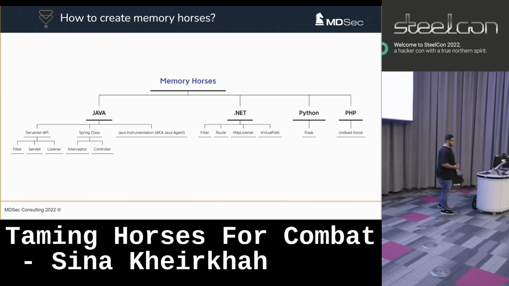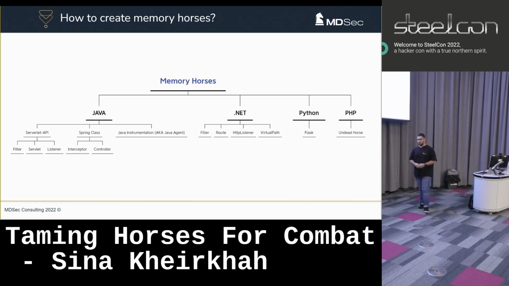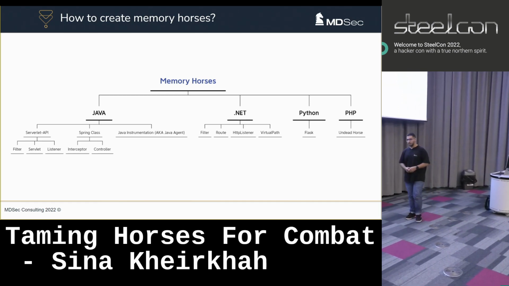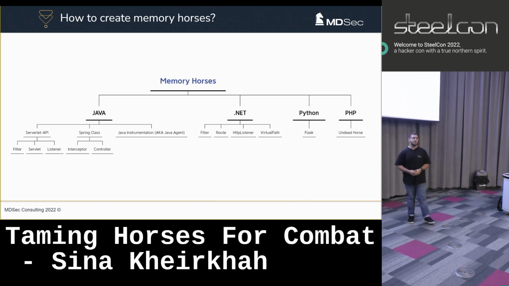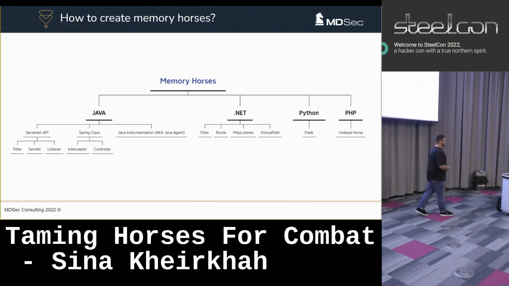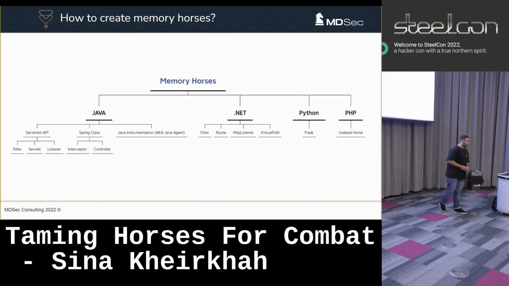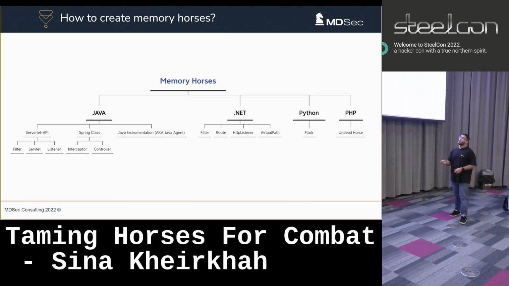So far, these are the memory horses or web shells which I've worked on to create a POC for, which hopefully will be released on the MDSec GitHub. For Java, if you're exploiting something like Tomcat, you have exploitation of the servlet API. You can register your malicious filter, servlet, or listener.